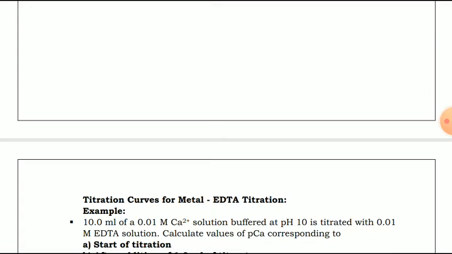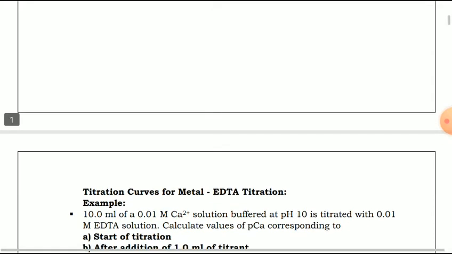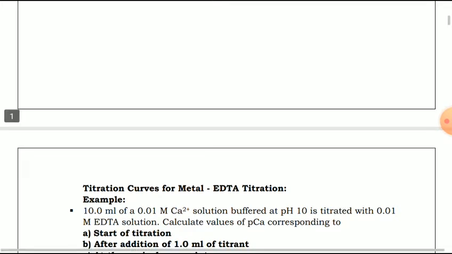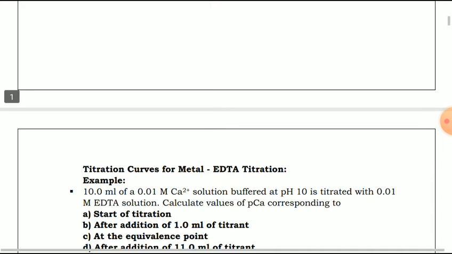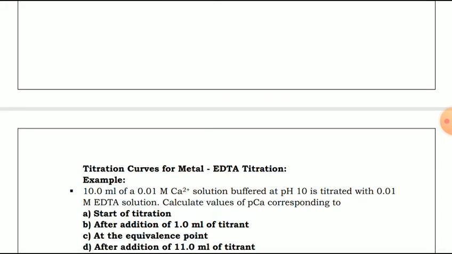For this titration curve, we are following four steps: the start of titration, then after addition of 1 ml of titrant, then at the equivalence point, after the addition of 11 ml of titrant.